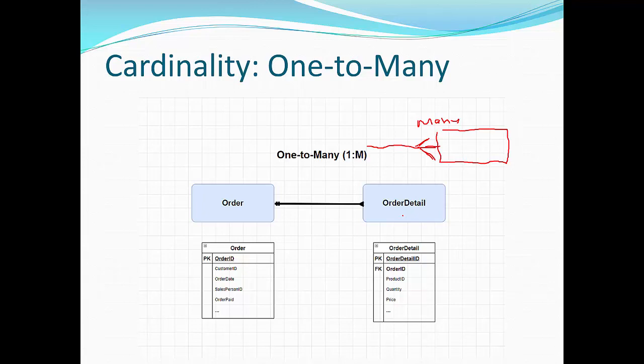You try your best to make sure that your cardinality is one-to-many, because that's the most desirable in relational database design. So what does it mean that two entities have a one-to-many cardinality? Again, let's test our theory as to how we determine that these two entities have a one-to-many.